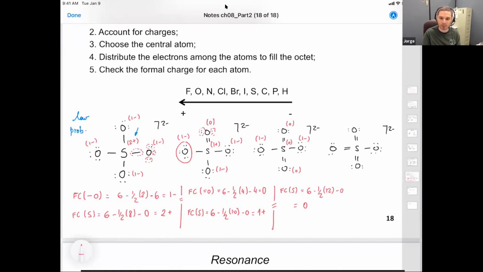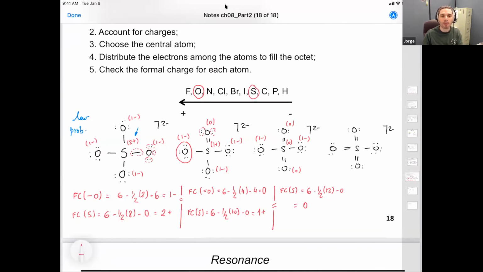So that's a plus. However, we have a negative charge localized at the oxygens. Every time we have a negative charge, it has to be located at the most electronegative atom of the bond. Oxygen is almost at the top of the electronegativity order, while sulfur is almost at the end.